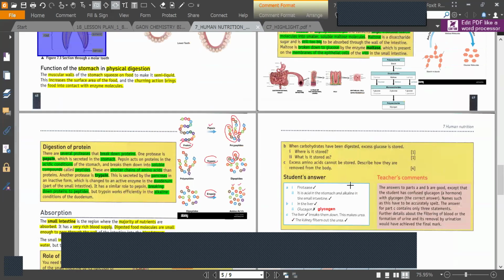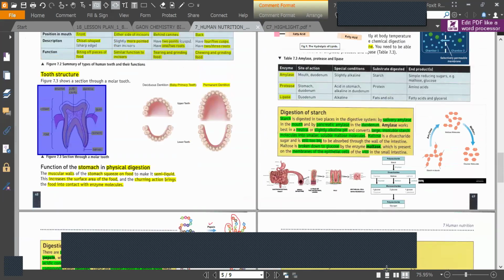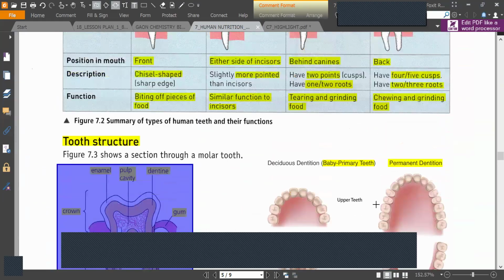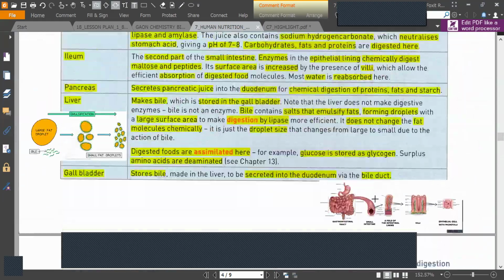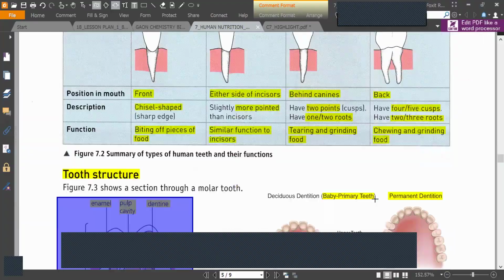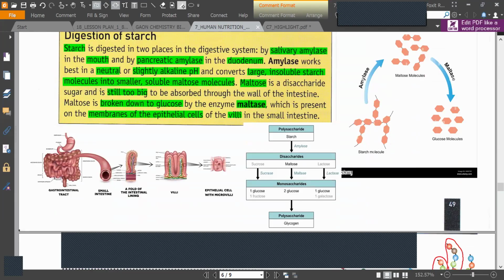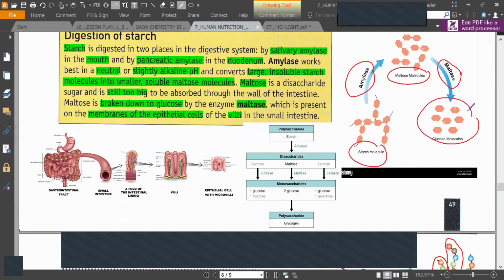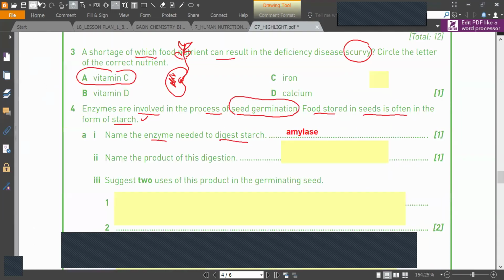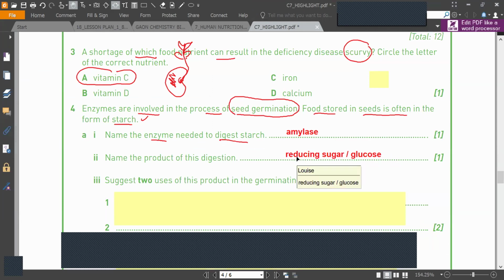So we recall the breakdown here. Starch is broken down by amylase to maltose, and then maltase breaks it down to glucose. So our final product is reducing sugar, which includes maltose and glucose.